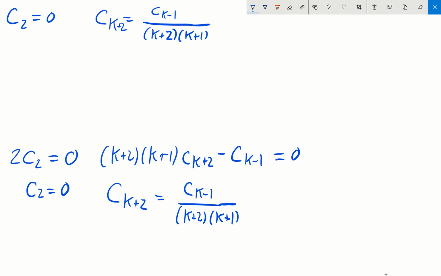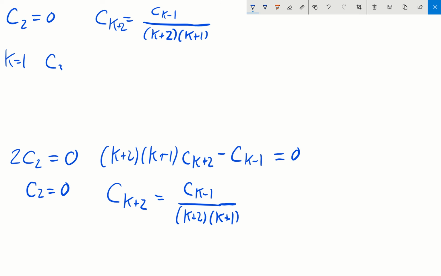Now notice if we try to plug k equals 0 into this, we would get a c of 0 minus 1, which is negative 1. But our series doesn't start until the constant term, which would be the one that has a c0 with it. So even if you try to plug k equals 0 into this, we already have the value of c2. We know c2 is equal to 0. So the first value that makes sense would be to plug in k equals 1.